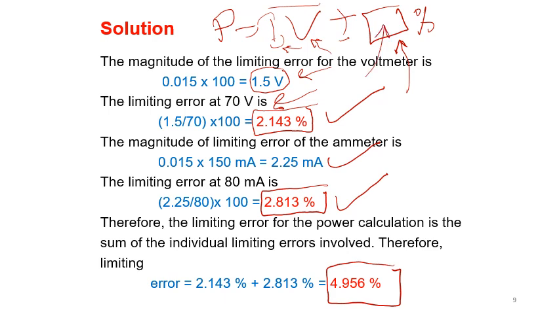He said it's the total percentages. So it's the percent of error of the voltage plus the percent of error in the current, which results in 4.956%. He wanted to tell us here that when we have two instruments, each of them having error, the error will affect the result of the calculation in which we use the values of those instruments.